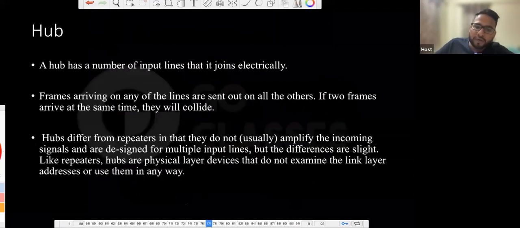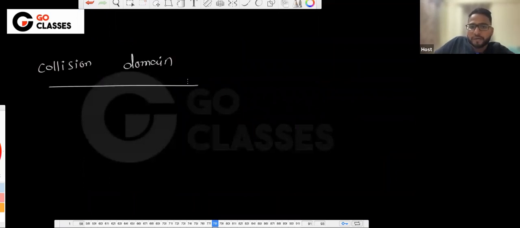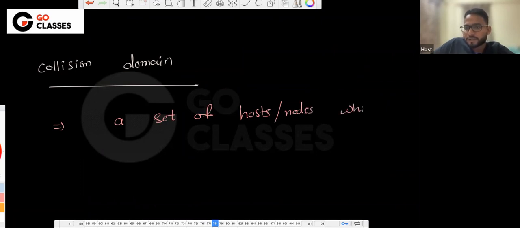So let me go to the definition of collision domain. Domain means a set of nodes, basically, right? A collision domain is just a set of hosts or nodes which may collide.